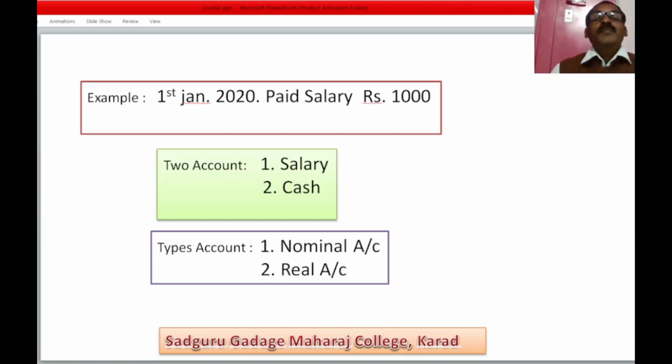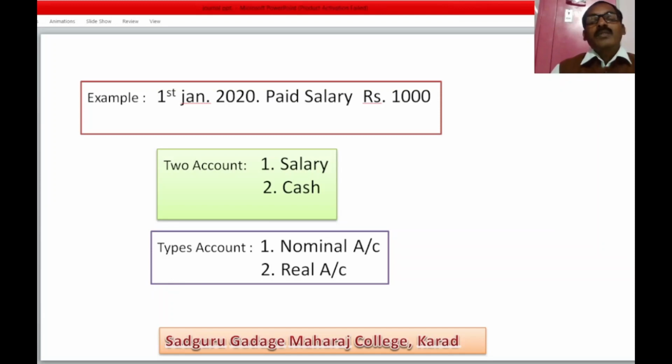And the accounts not related to a person are impersonal accounts. In impersonal accounts, 2 types are involved. First is the real account. Real accounts are related to properties or assets. And then the nominal account.